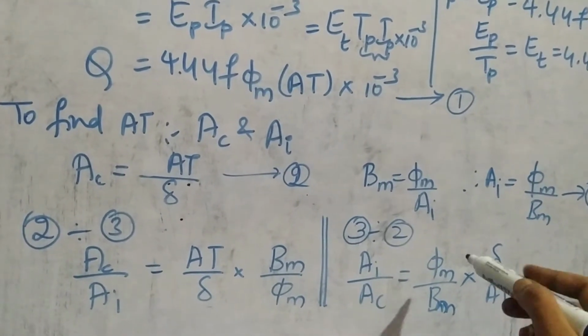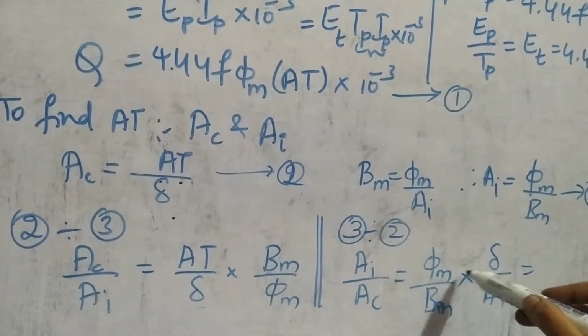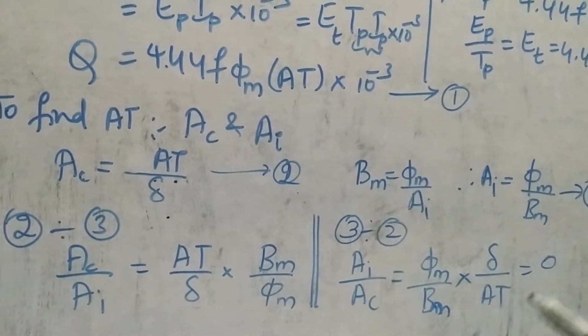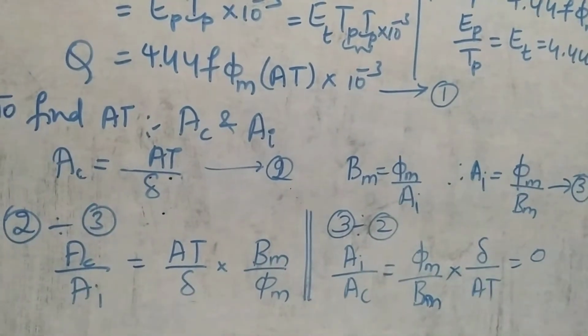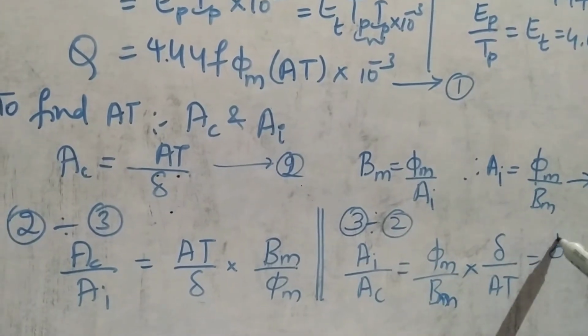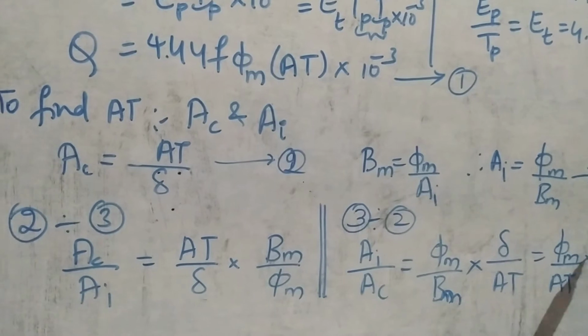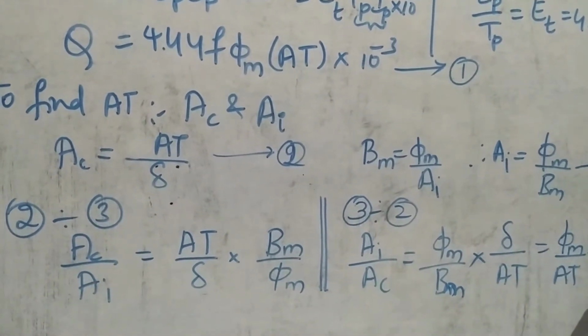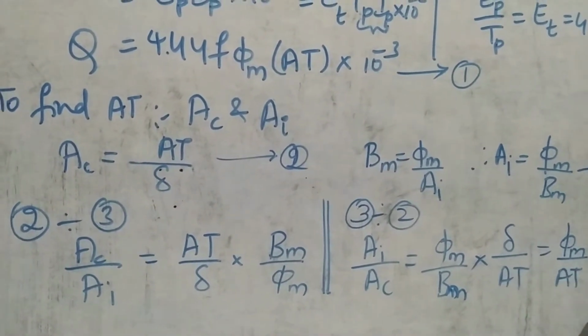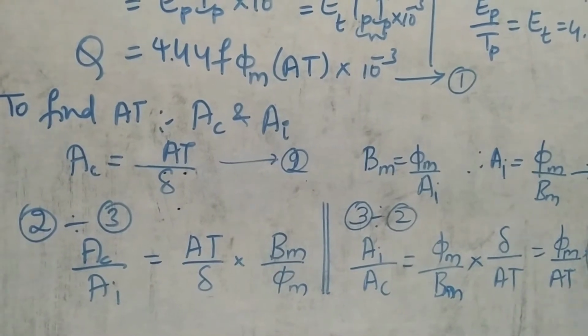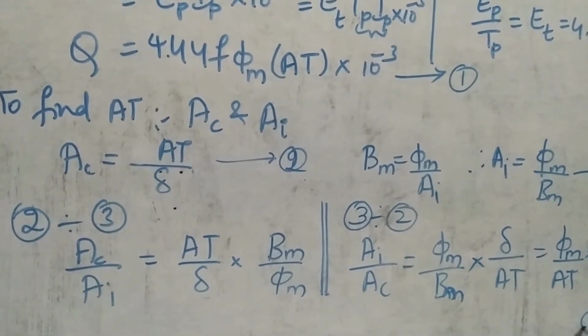So let me write this as flux divided by ampere turns on one side, multiplied by delta by Bm. This delta by Bm I will consider to be a constant.